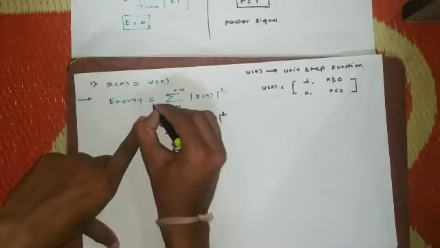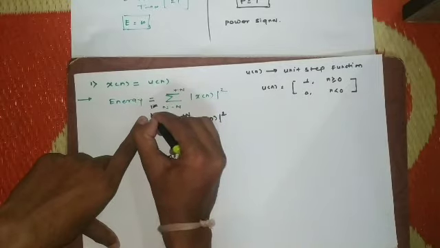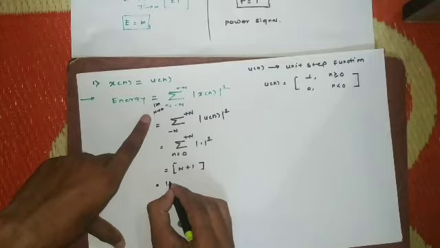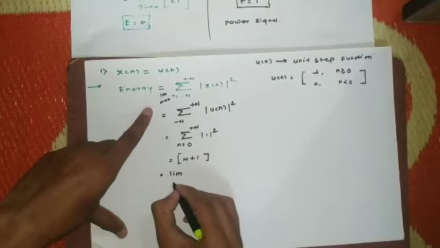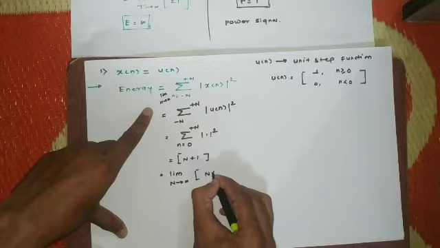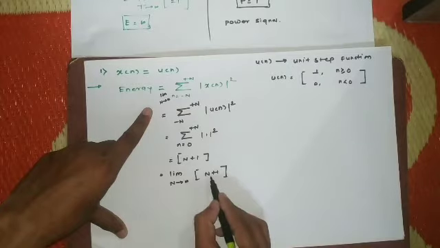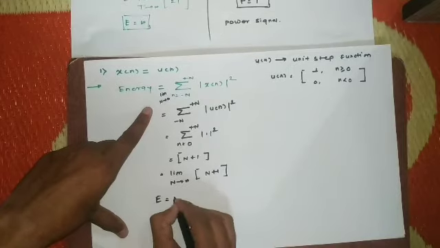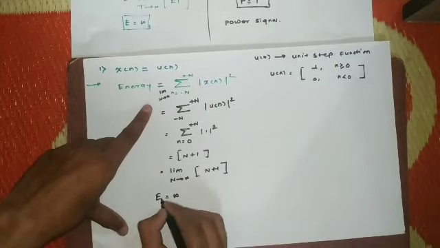Now I am left with the limit n tends to infinity, and the summation result is n plus 1. So when we put infinity over here, infinity plus 1 is definitely infinite. So we'll get energy to be infinite.